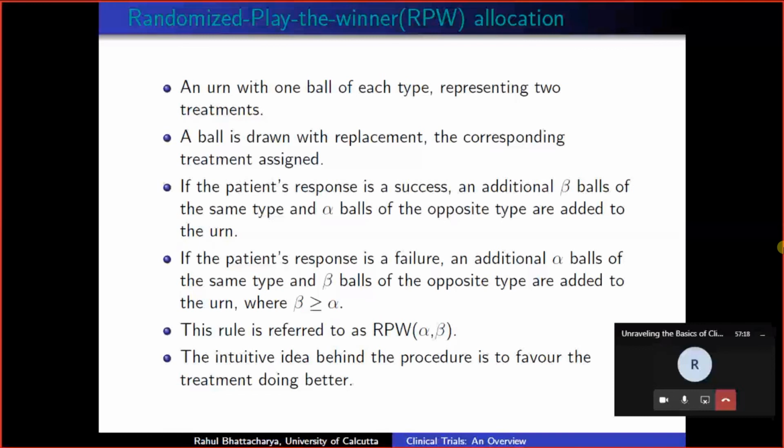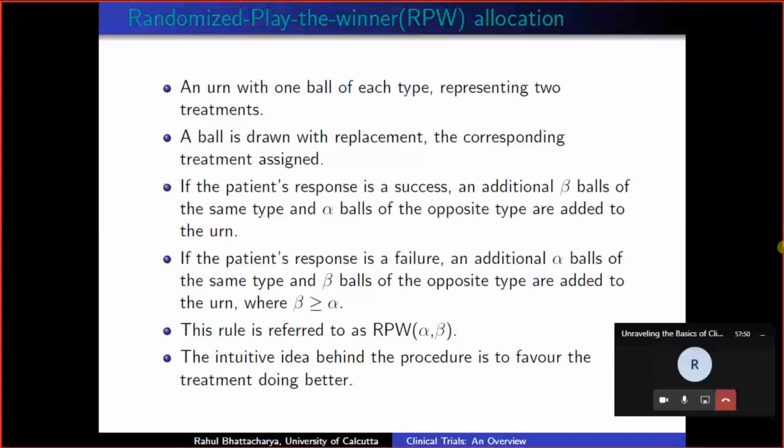Now, if the patient's response is a success, an additional beta balls of the same type and alpha balls of the opposite type are added to the urn. So what does this mean? If the patient's response is a success, we expect this successful treatment to be used more and more. So you are trying to increase the selection probability of that treatment type ball.